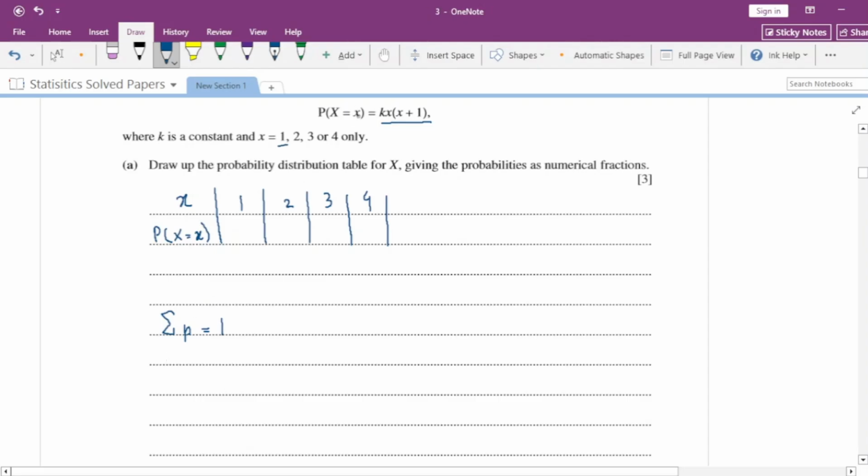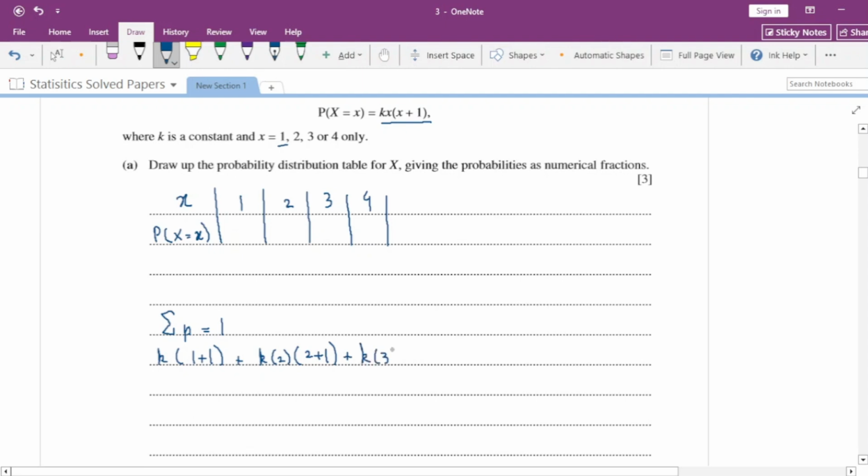So we're going to start with the first x value, x equals 1. That would be k times 1, multiplied directly, and inside we have 1 plus 1. Now the next probability, that is of 2. So that would be k times 2, times 2 plus 1. Next we will have 3.